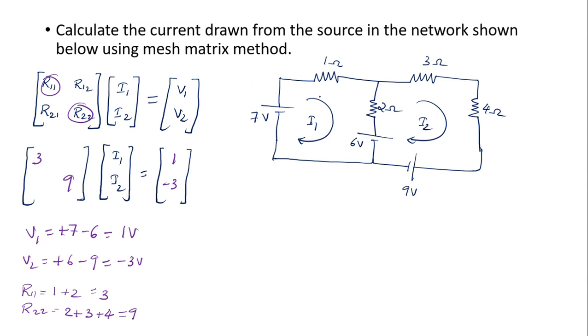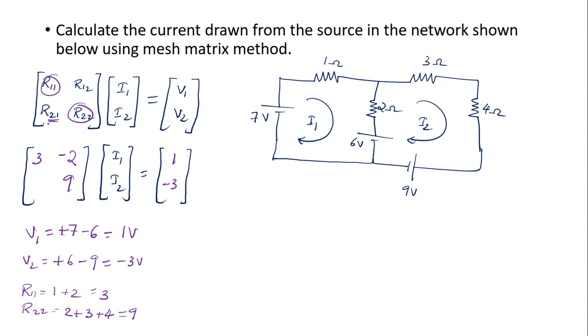So you can see over here the 2 ohm resistor is common to meshes 1 and 2. So here I will write 2 and I will give it a negative sign. For the off diagonal elements you have to give a negative sign.